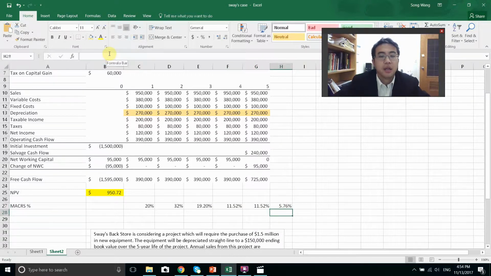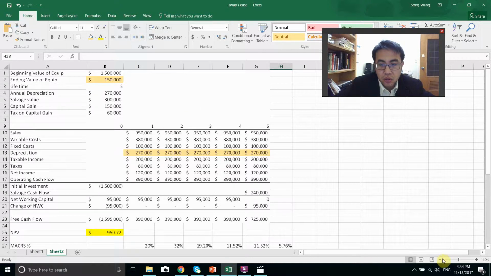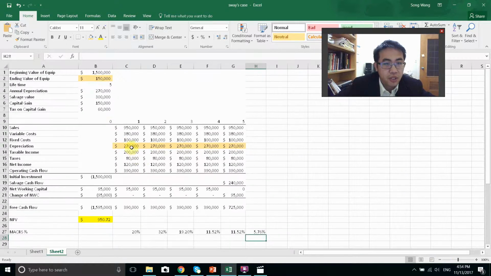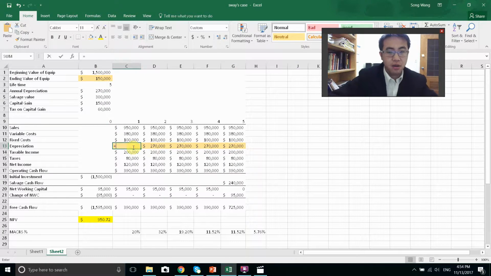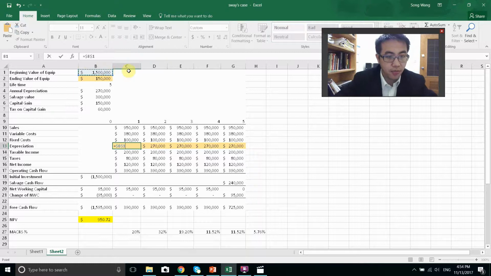All right. So for the annual depreciation, I'm going to use the beginning value of the machine, which is $1.5 million. I'm going to lock it, multiplied by all these percentages for the first 5 years.